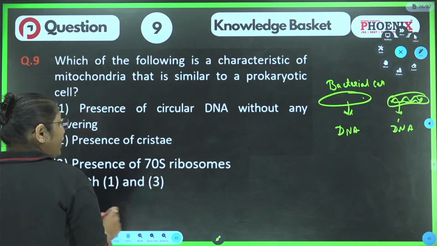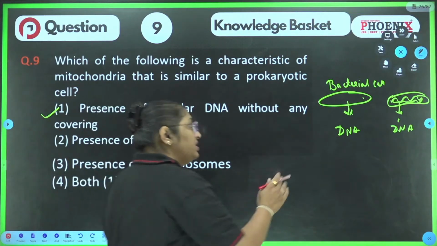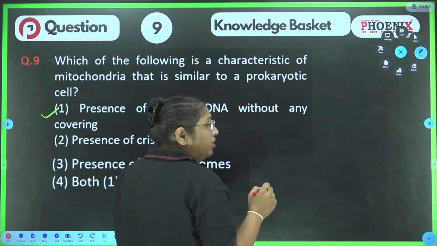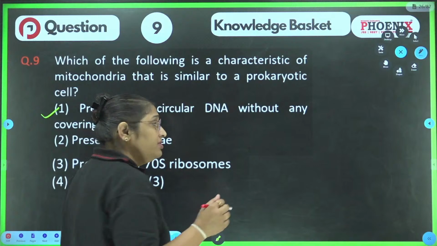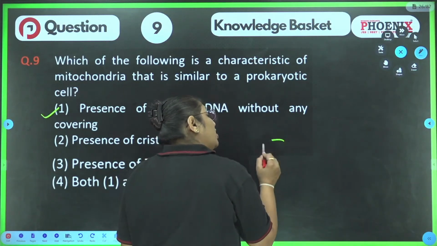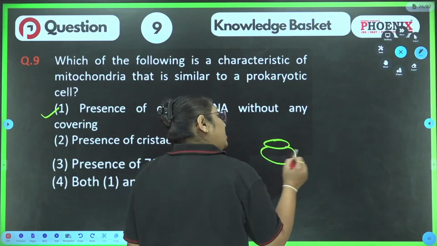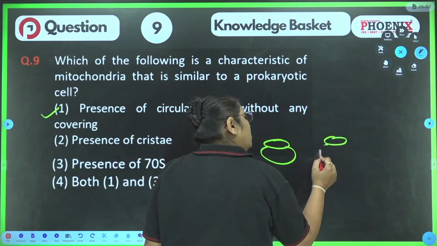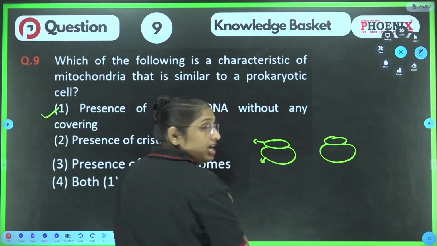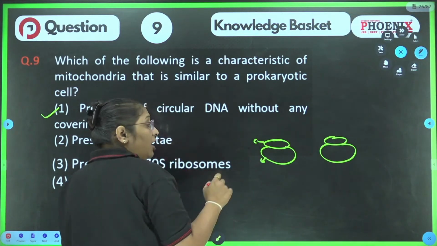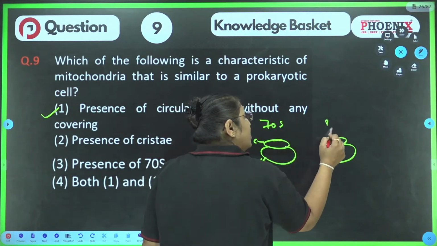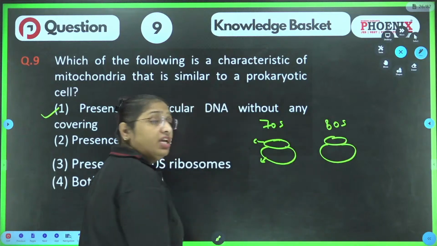Presence of 70S ribosomes. Now what are the 70S ribosomes? In prokaryotic cells and eukaryotic cells there is a difference between the type of ribosomes. Ribosomes are in two different units: one is the small subunit and one is the large subunit. If I talk about the prokaryotic, it is 70S and eukaryotes have 80S.